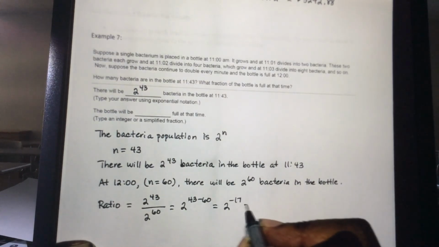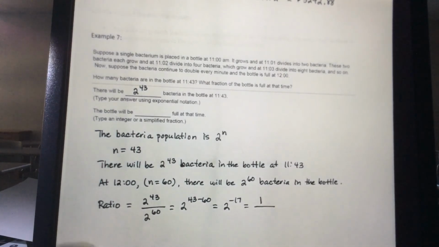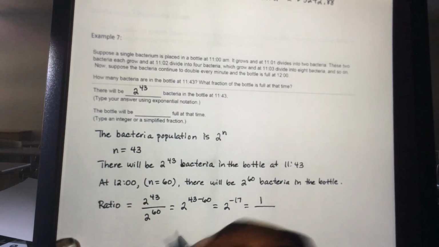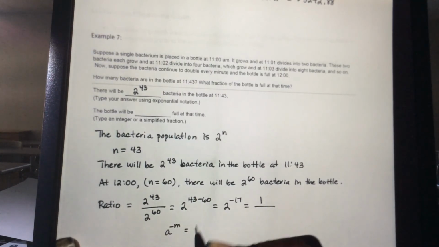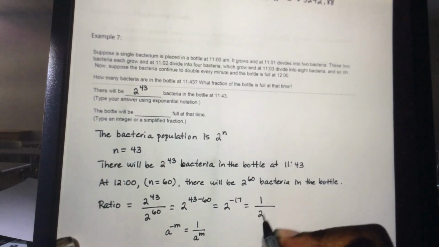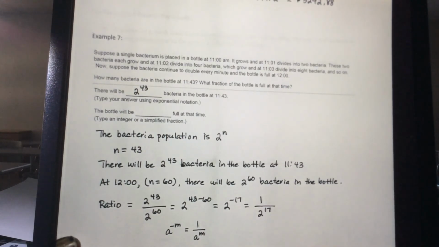Now, with negative exponents, we always write it as 1 over that base with the positive exponent, okay? Because there is a rule that says if you have a to the power of negative m, it's going to be 1 over the base of a, and your exponent will be positive. So 2 to the negative 17th would be 1 over 2 to the 17th power.